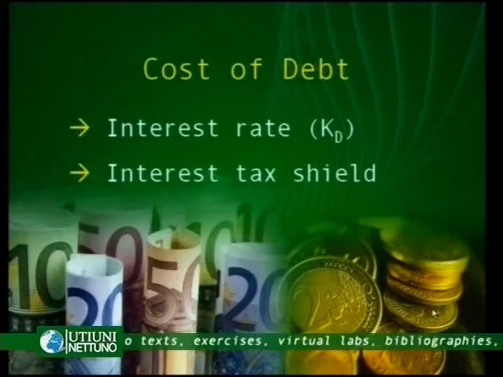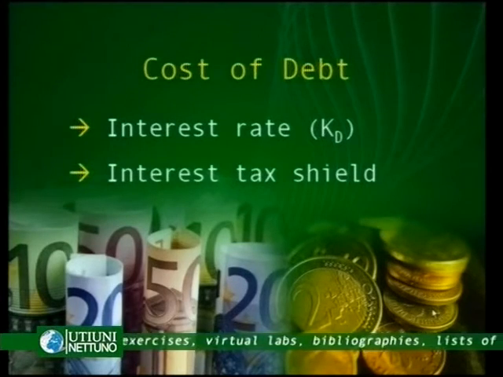But there is one issue that we have to consider when we analyze the cost of debt, that is the interest tax shield. What does it mean? The interest tax shield means that when a firm is paying interest and other costs to a bank or another investor for raising that capital, it's saving taxes because interest and other financial costs related to debt are tax deductible costs.